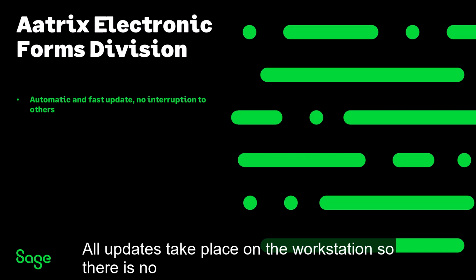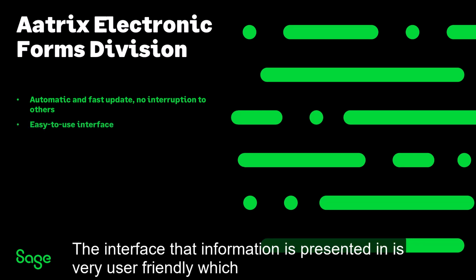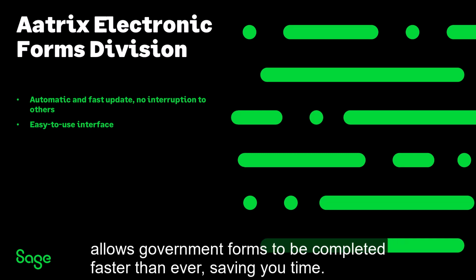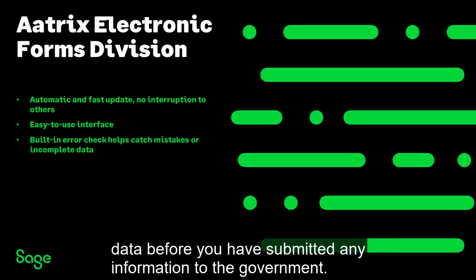All updates take place on the workstation, so there is no impact on other workstations when updates are applied for Atrix. The interface that information is presented in is very user-friendly, which allows government forms to be completed faster than ever, saving you time. Built-in error check features will catch common mistakes or incorrect data before you have submitted any information to the government.